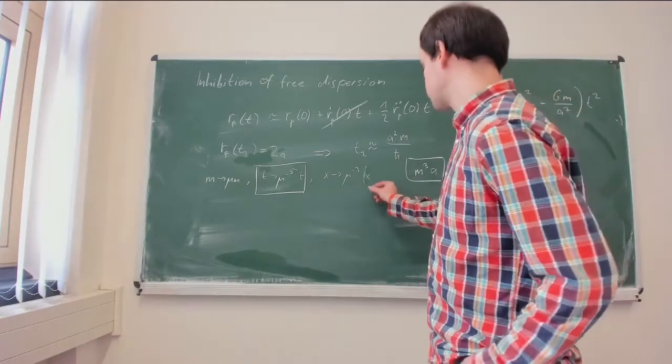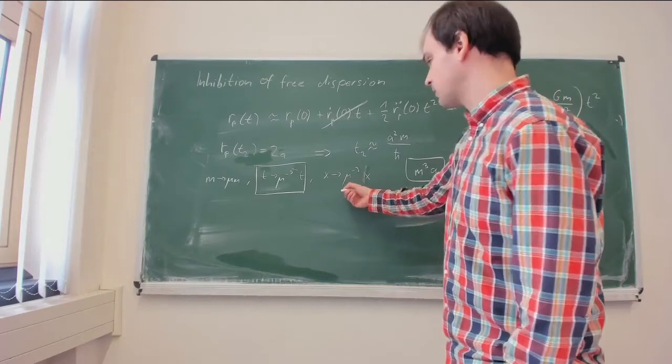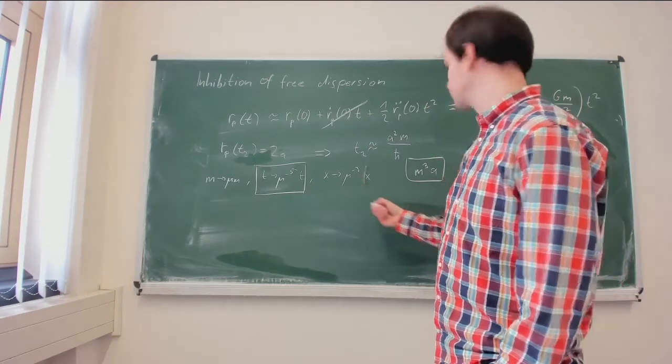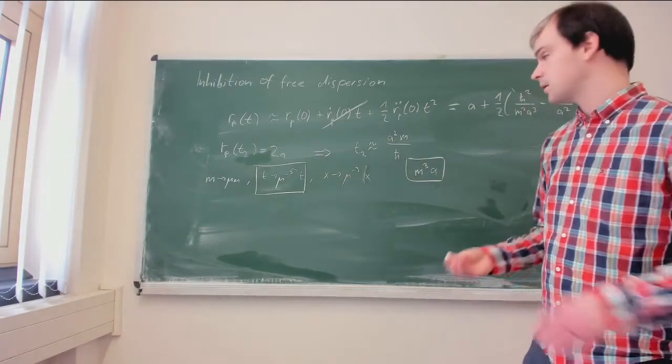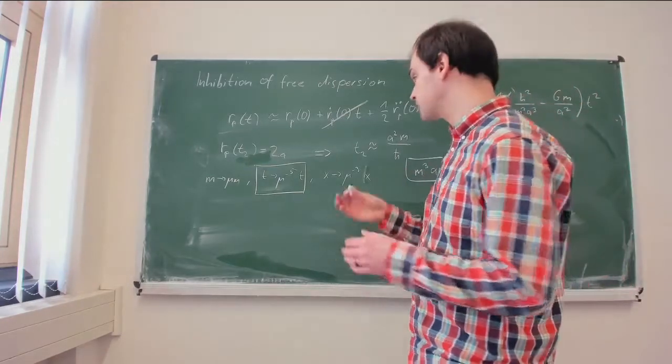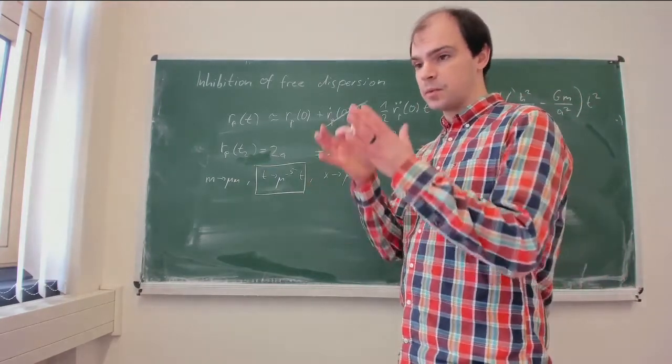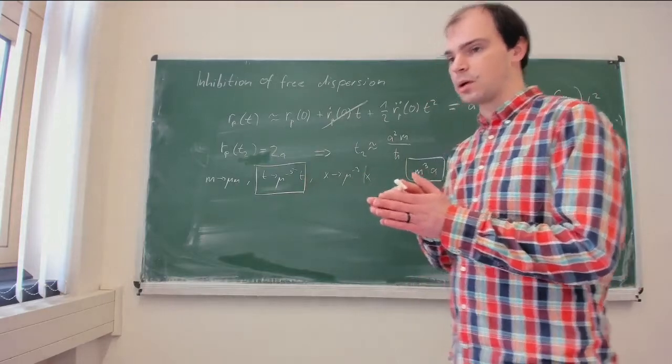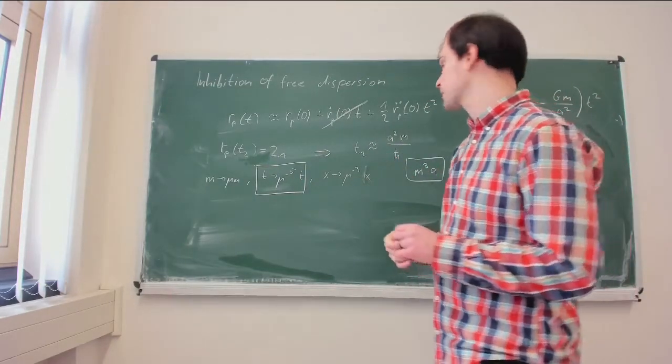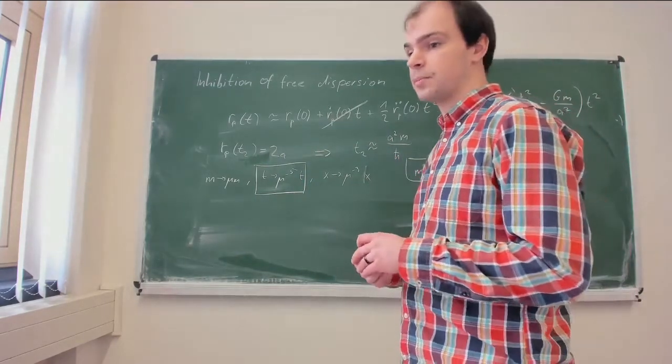But we run into this problem that the distances also get shorter. And this means that we are in this regime where the wave function will be very small compared to the actual size of the object.